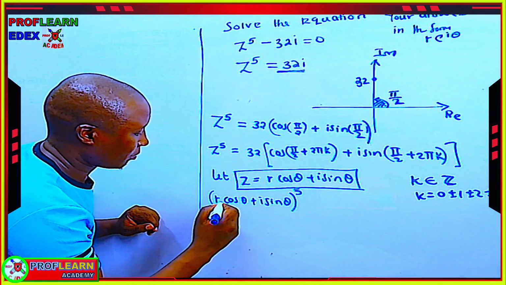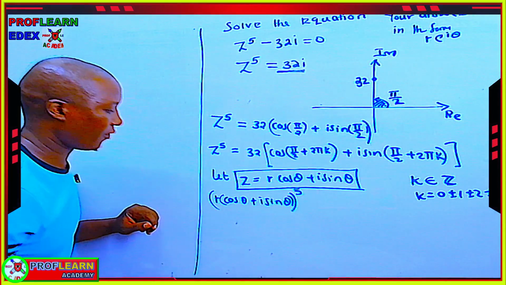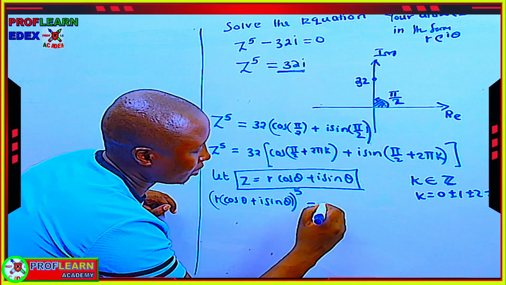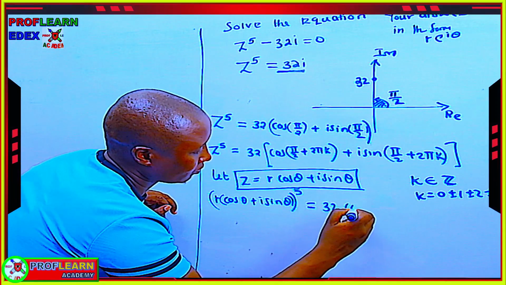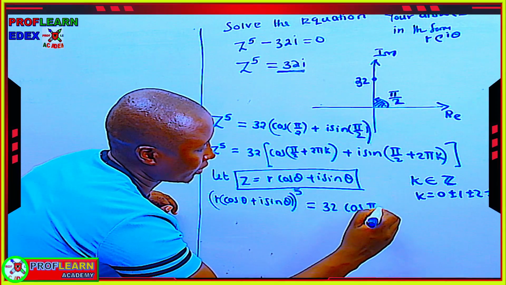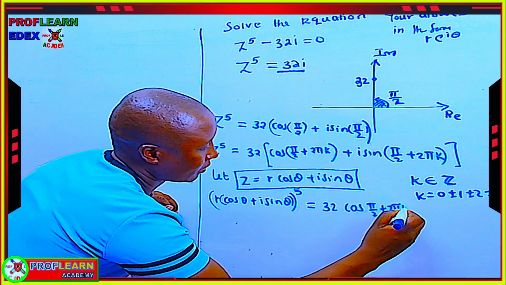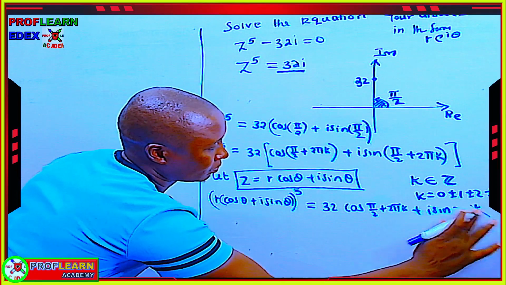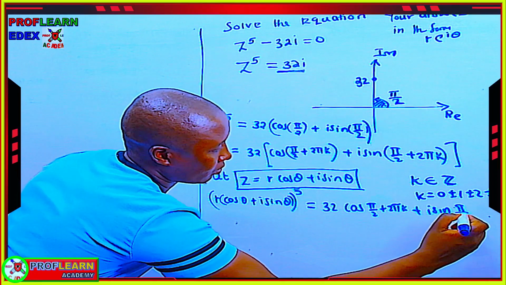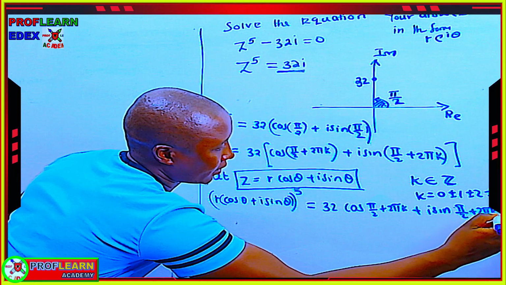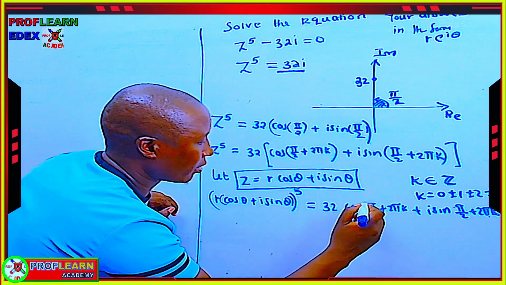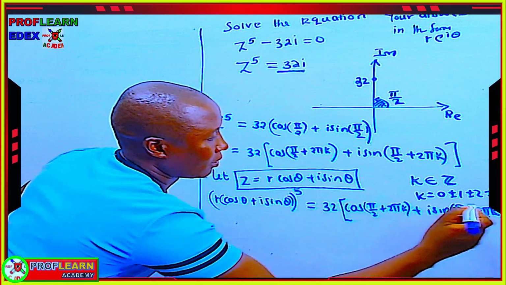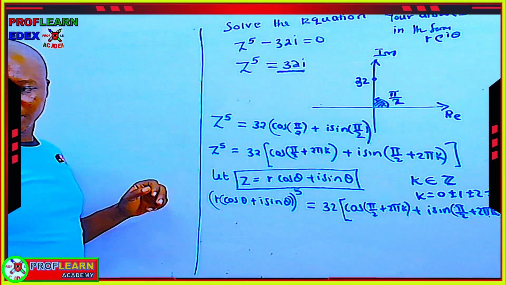This is going to be equal to 32 into bracket cos of pi over 2 plus 2 pi k plus i sine of pi over 2 plus 2 pi k, and then we enclose it in brackets like that.